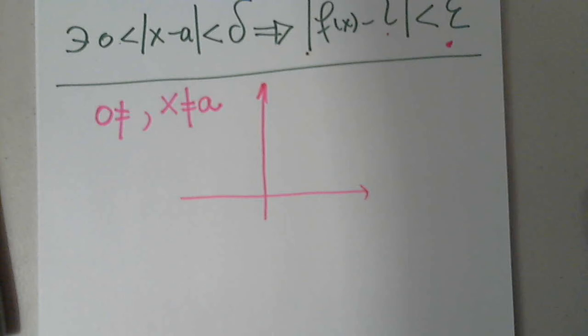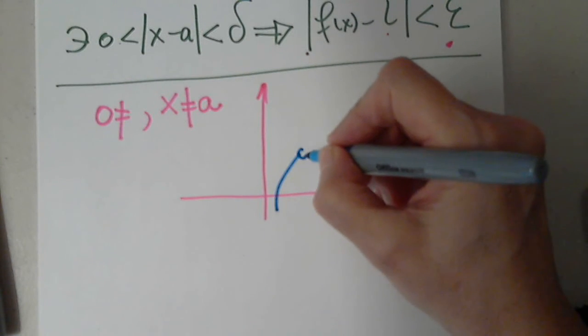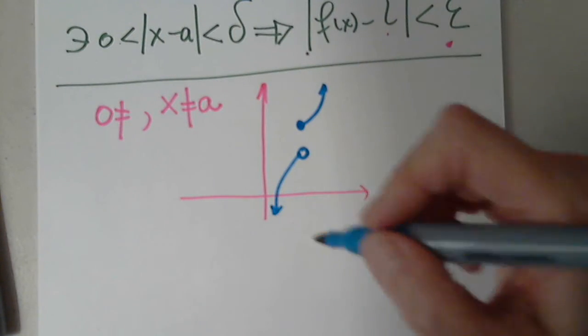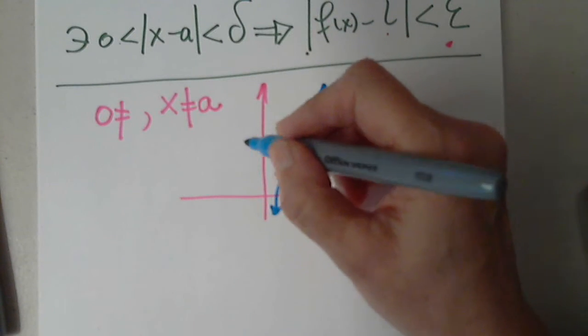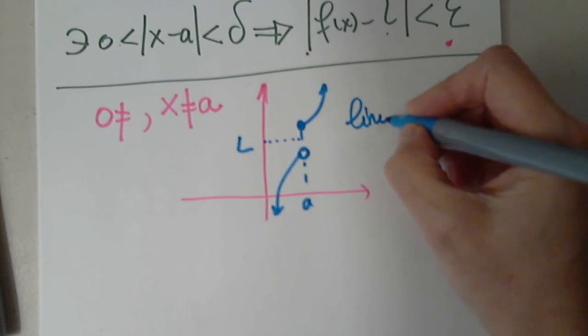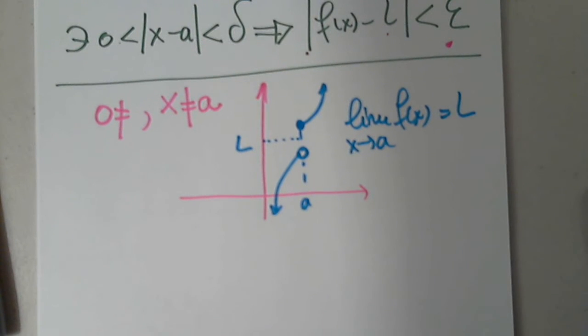So let me give you a counterexample, and then we'll show a proof. So let's say I have this function. Can I say that the limit of f of x as x approaches a is L?